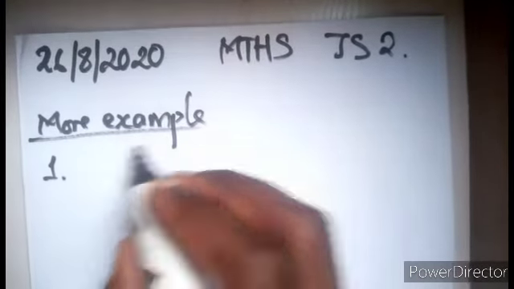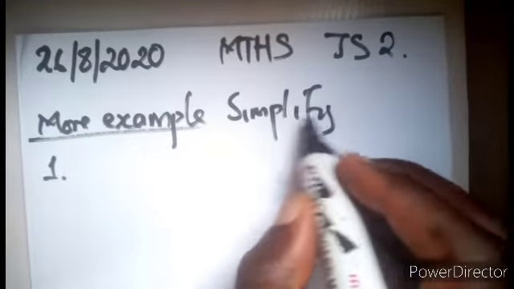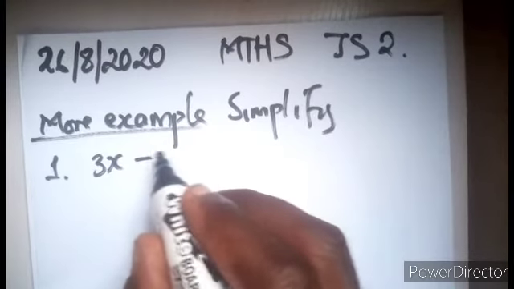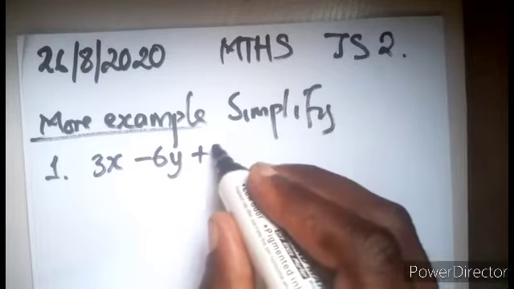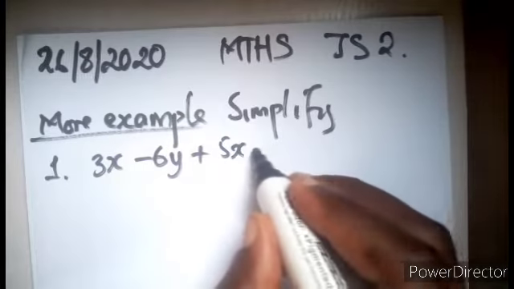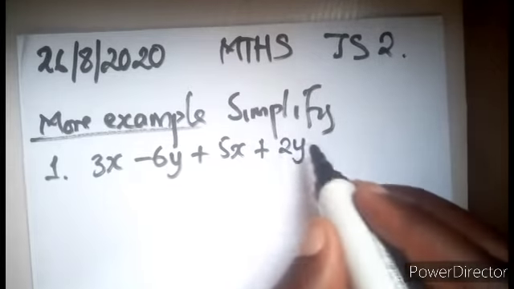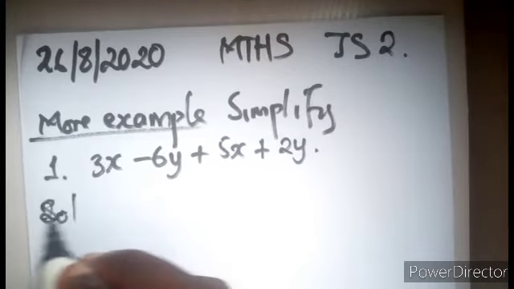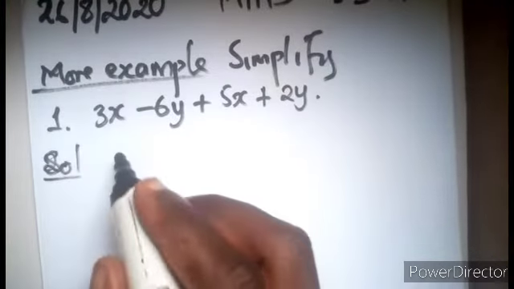The first one is, say, simplify: 3x minus 6y plus 5x plus 2y. Solution.